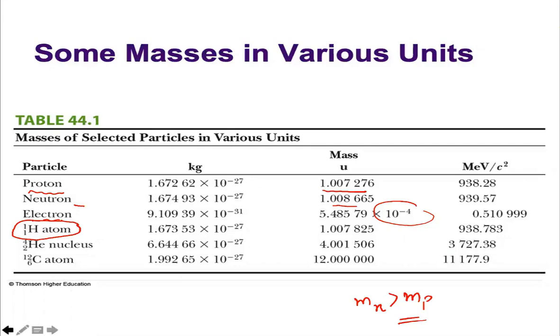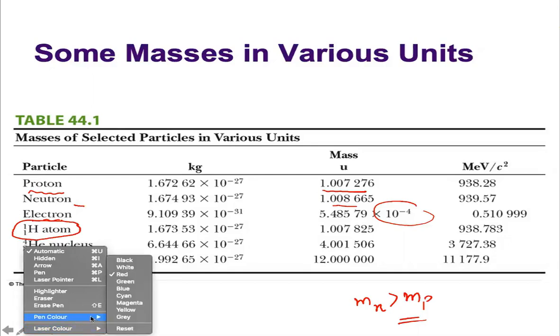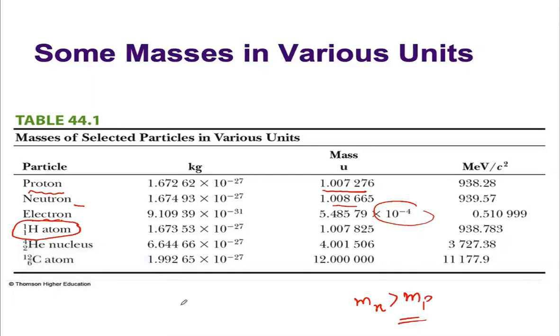So if you look at the mass of an atom, for example the hydrogen atom, which has 1 proton and 1 electron, you can collectively find out the total mass of this atom, and it comes out to be equal to 1.07825.